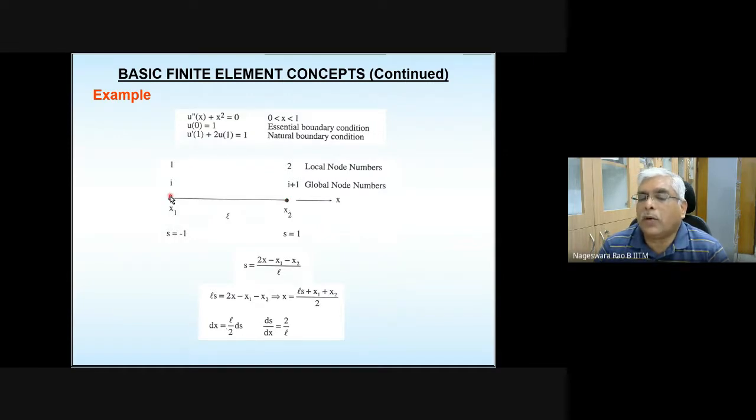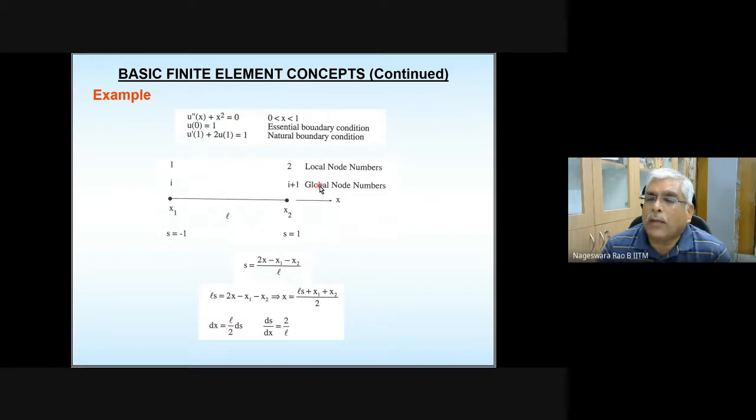The first node location is x1, the second node location is x2, and the length of this element is L. This I and I plus 1 are the global node numbers.